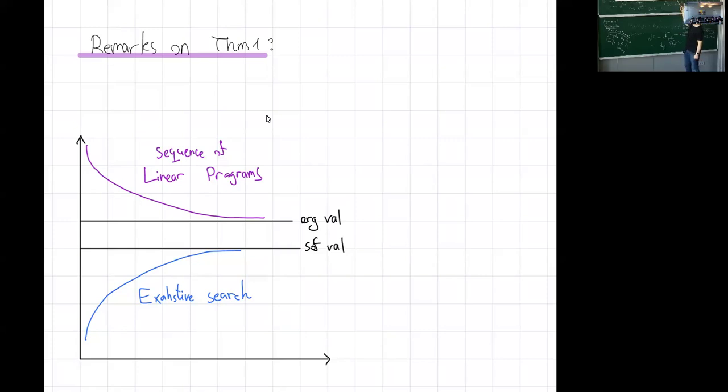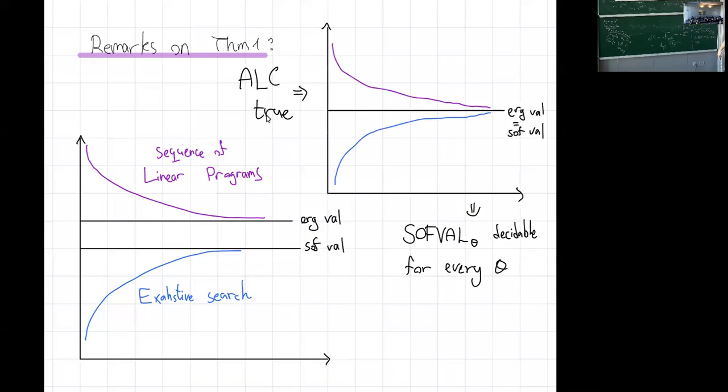For the approximation from above, we construct a sequence of linear programs that use relaxations of invariant random subgroups, which give you smaller and smaller values, and in the limit they give you the ergodic value of the subgroup test. That is the picture that we prove. But recall that the Aldous-Lyons conjecture being true means that this is the same line. So you have an algorithm that gets as close as you like to the line from below, and an algorithm that gets as close as you like to the line from above.